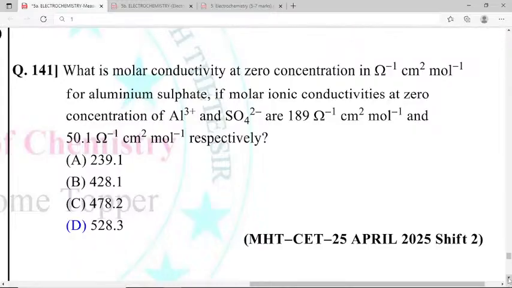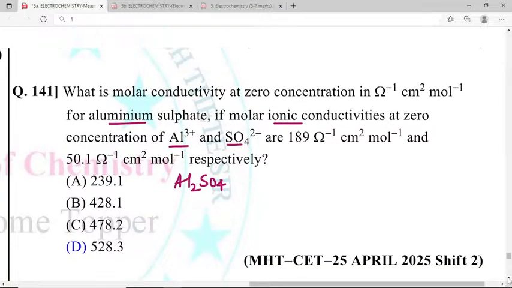What is the molar conductivity at zero concentration for aluminium sulfate? Ionic molar conductivity at zero concentration for aluminium sulfate, Al2(SO4)3. Okay, we have to calculate it.